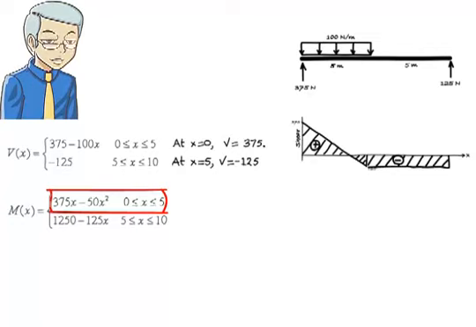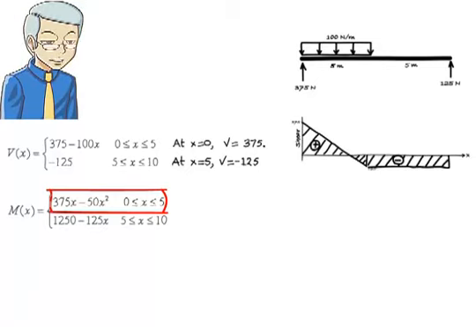When moment is maximum, the slope of the equation is going to be 0. This means at the point of maximum, the derivative of the moment vanishes. That is, since the moment equation is M equals 375x minus 50x squared, then dM/dx must be 0.